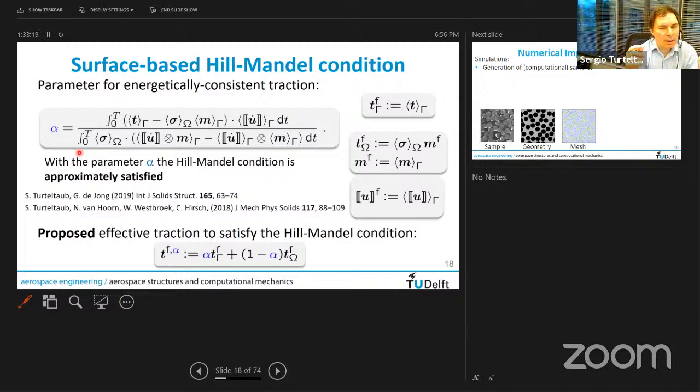But there is an issue, and it pretty much depends on the ratio between the cohesive zone length and the size of the ply. So when they start to collide, then we have a problem. Right. Thank you.